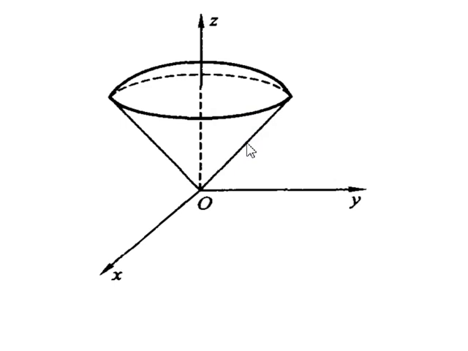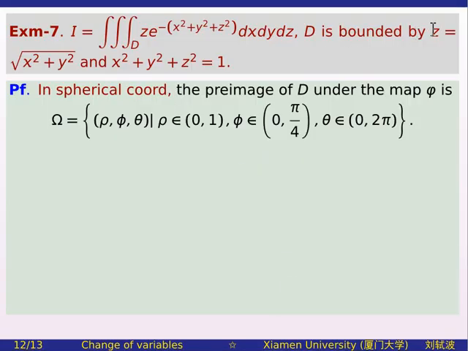Because the cone is z equal to the square root of x squared plus y squared, if you consider the square root of x squared plus y squared to be r, then z equal to r.